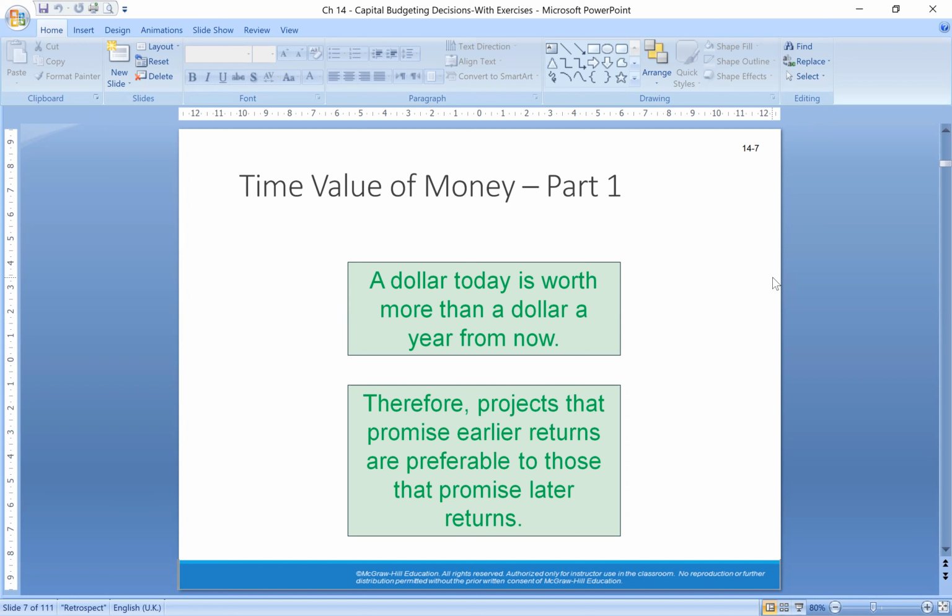Therefore, projects that promise earlier returns are much better than projects that promise later returns. If you think about two projects, then definitely the shorter, the better, because of the value of money.